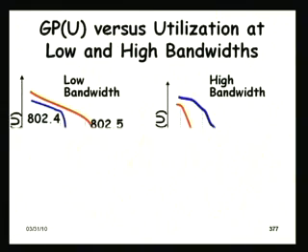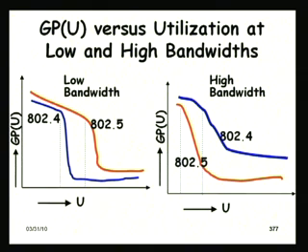Now, let us look at the GPU. The first metric we saw was the ABU, the performance with respect to ABU. Now, let us see the performance with respect to the guarantee probability. So, here we have two situations. One is a network with a very low bandwidth, and this is a network with a high bandwidth.